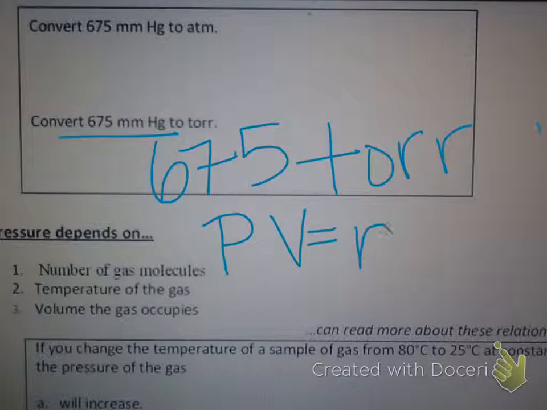You can count how many moles of the gas there are. By the way, n equals moles. We haven't seen that yet. Alright, so we've got pressure of a gas that we can measure. We've got volume of a gas we can measure. We've got the moles of a gas we can measure.